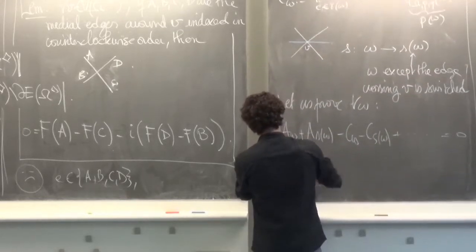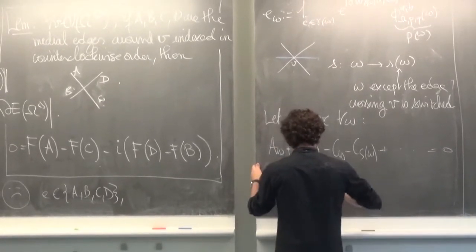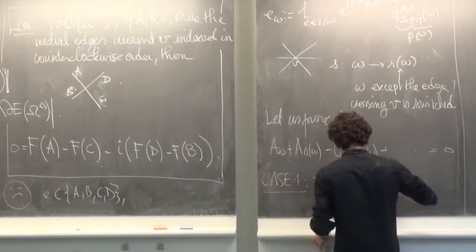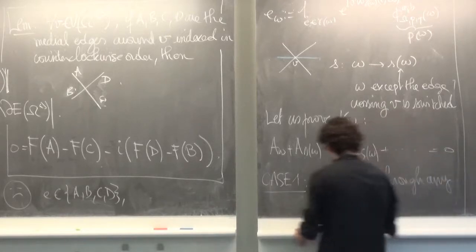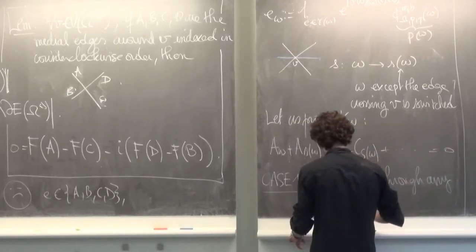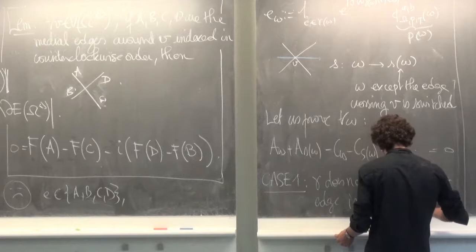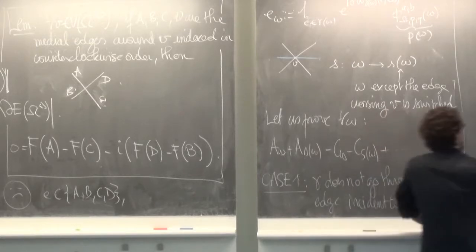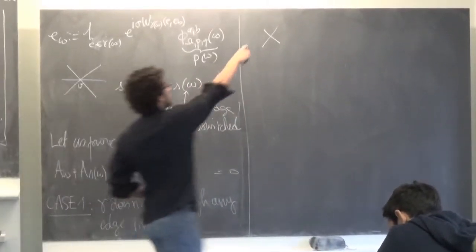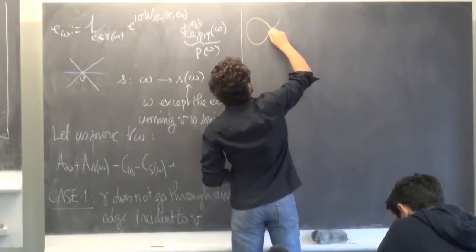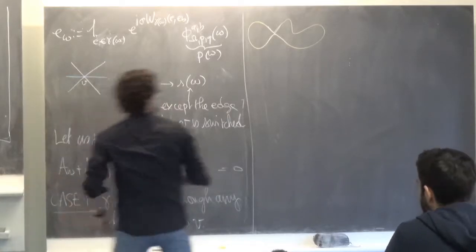So there are going to be 3 cases. Case 1 is simply gamma does not go through any edge incident to V. So we are somehow in this context where through this thing you have either one loop or maybe 2 if these 2 guys are different.